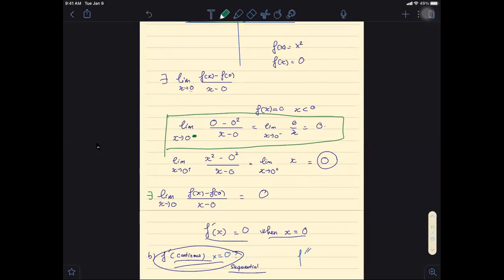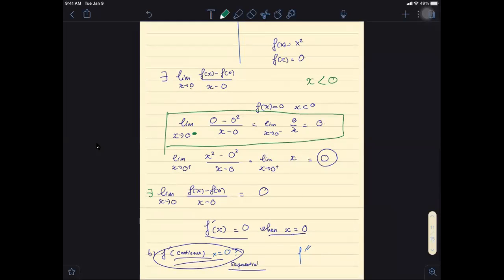So you have the limit as x approaches from the left side, which means when x is less than 0, then f prime of x equals 0. Yes? Okay.